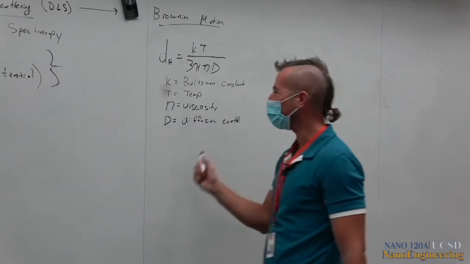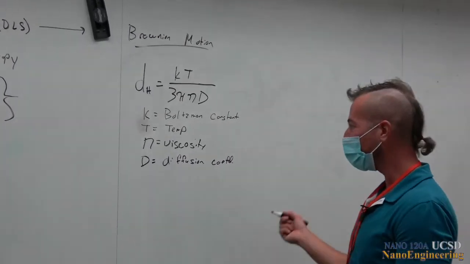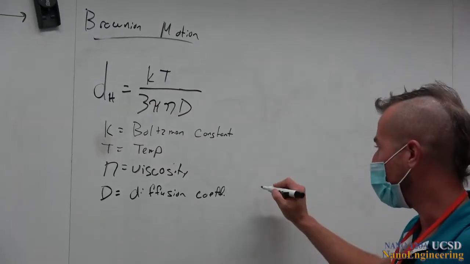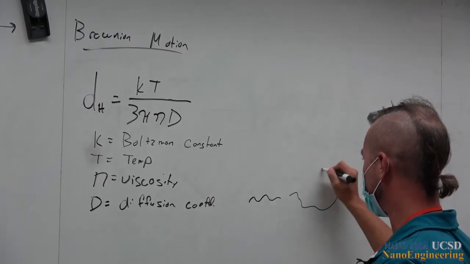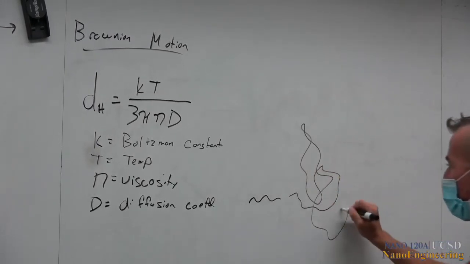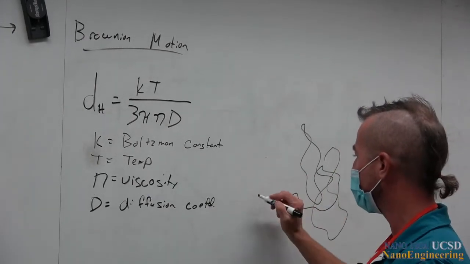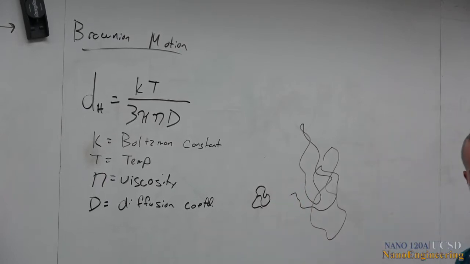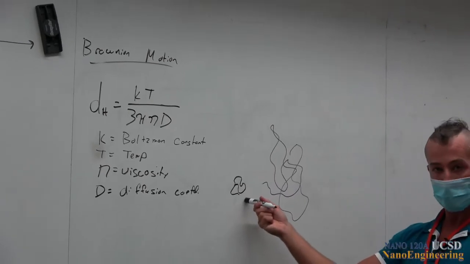So what do we mean by the diffusion coefficient? Well, it's simply how likely is that nanoparticle to move, right? Is it going to be like that little particle that we showed earlier that was going crazy, or is it going to be more like that big one that was just sort of hovering, right? Big diffusion coefficient, small diffusion coefficient.